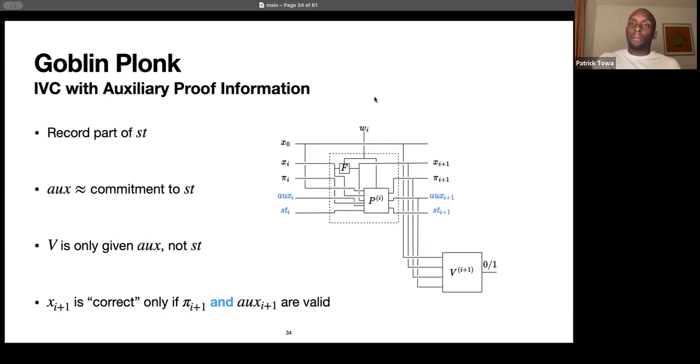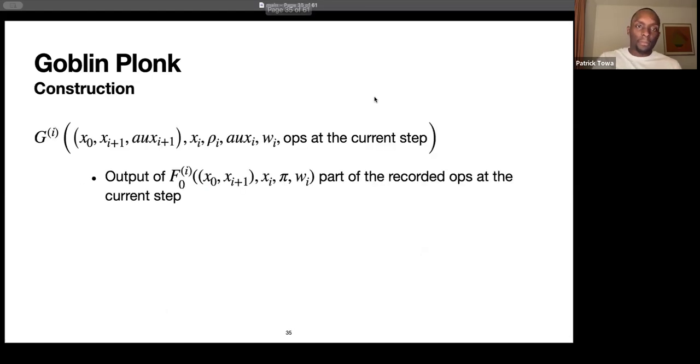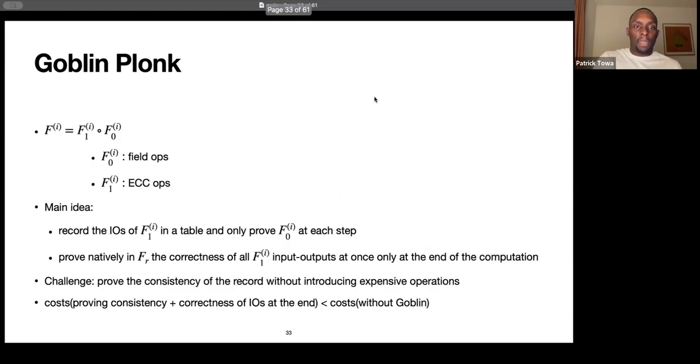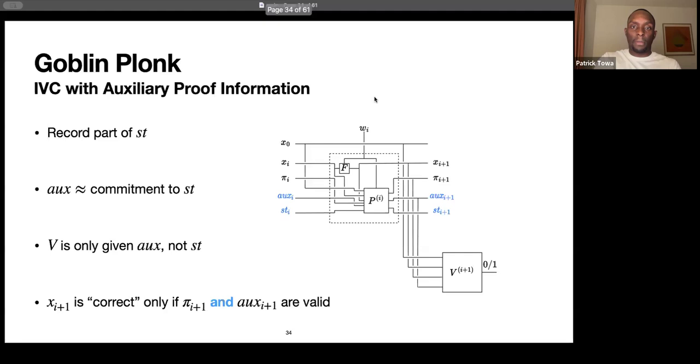Even though, to be fair, what I'm going to show now is not completely black box, because you need to assume certain things about how it works. But this satisfies all known constructions. So I gave the main idea here: you record all the operations, you only prove the cheap part, and you prove the consistency of the record without introducing expensive operations.